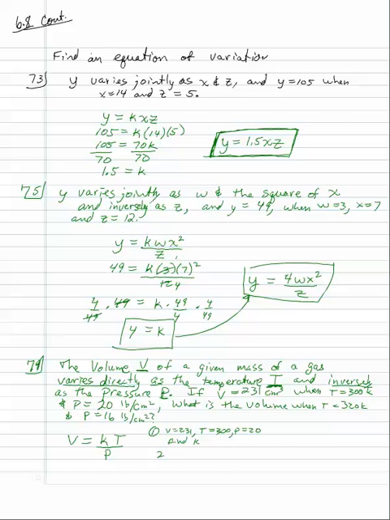So V equals 231, 300 divided by 20, which I'm going to reduce, so that's 15K equals 231. K equals 231 divided by 15, which reduces to 77 over 5.